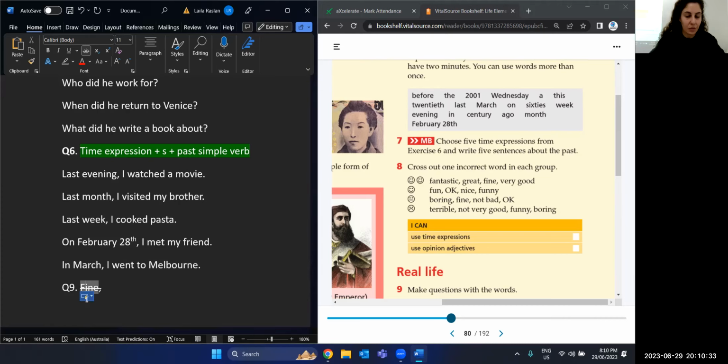Then in the second one, what do we need to cross out? So make sure you put a line through fine because it doesn't go there. 2 faces, fine? No, fine is one face, fine. Or maybe here, fine. Fun, okay, nice, funny, okay. Or funny. Maybe funny.